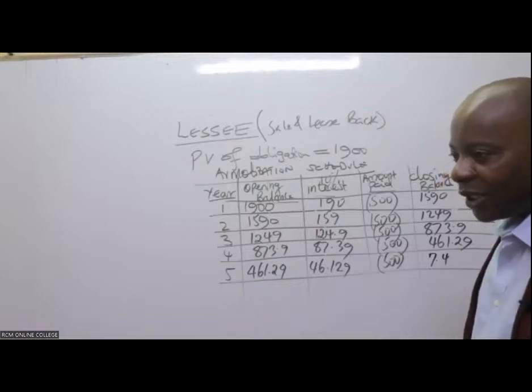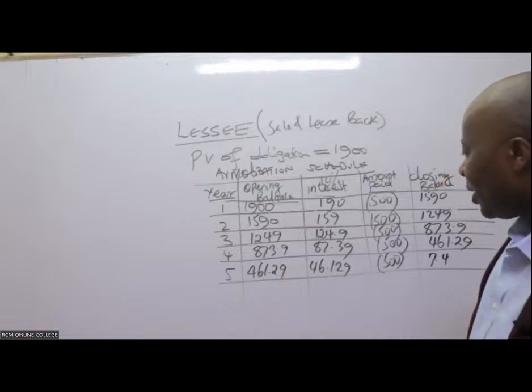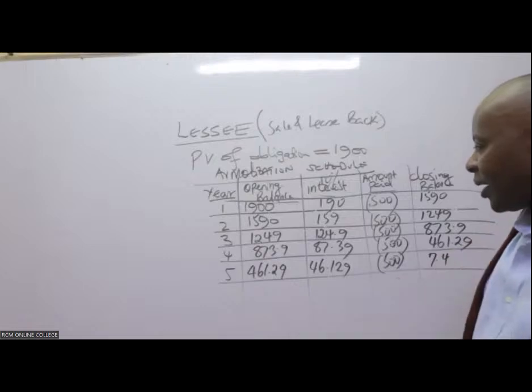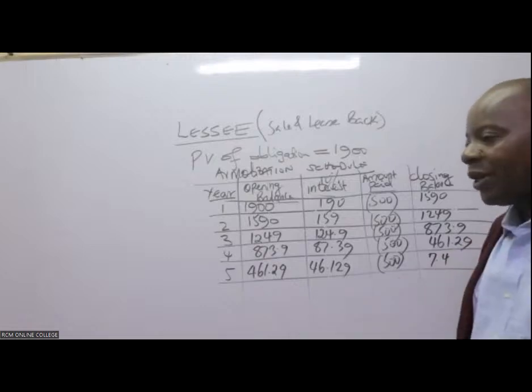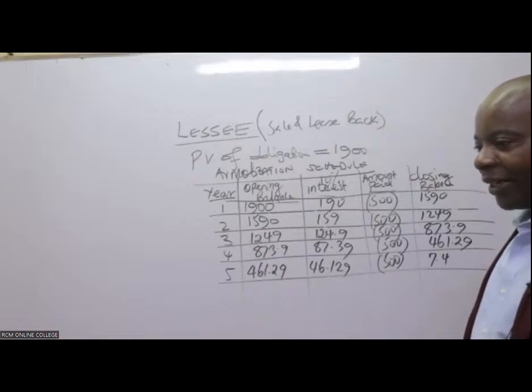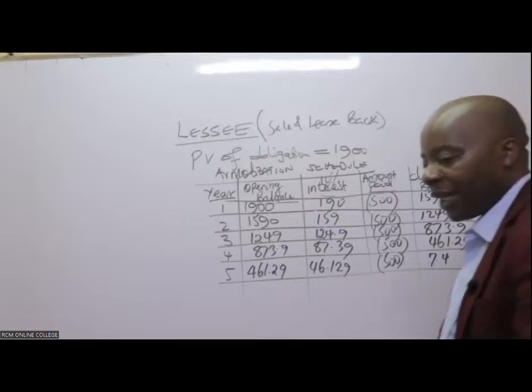I don't know how they got it. Just check. Because this is 46 plus 461. It should be coming to 7.419, right? Quite high, but those are rounding off errors, ladies and gentlemen.